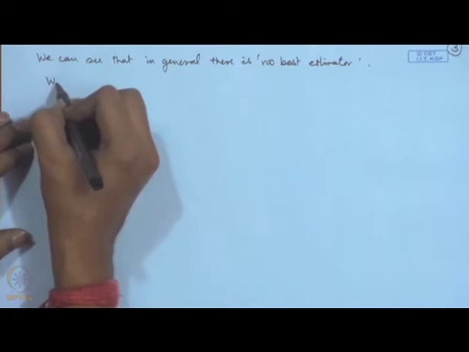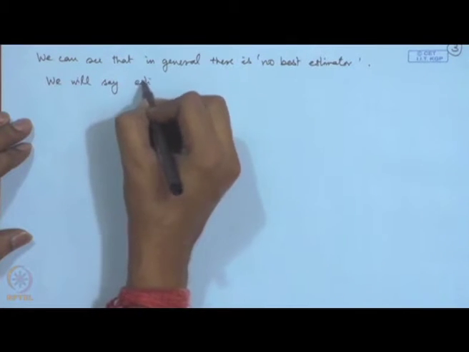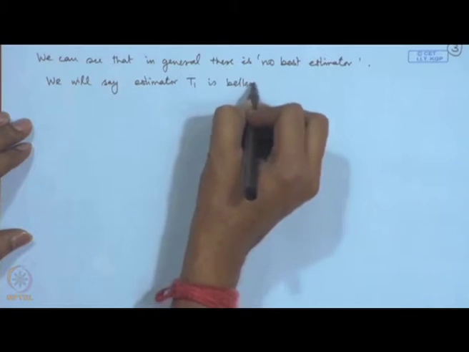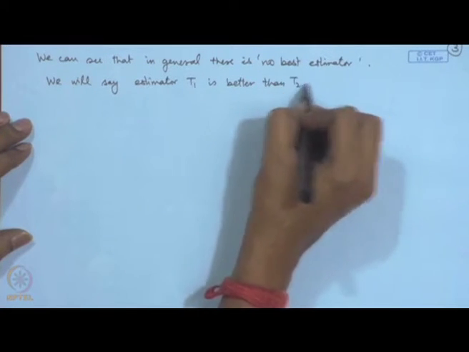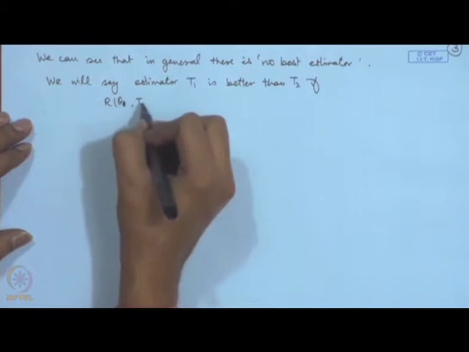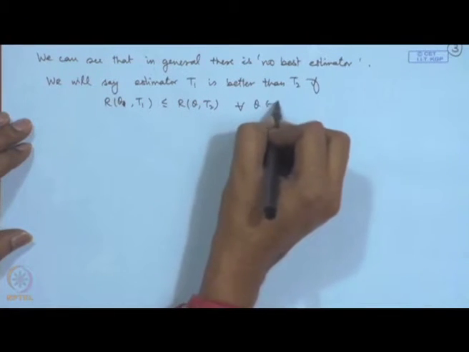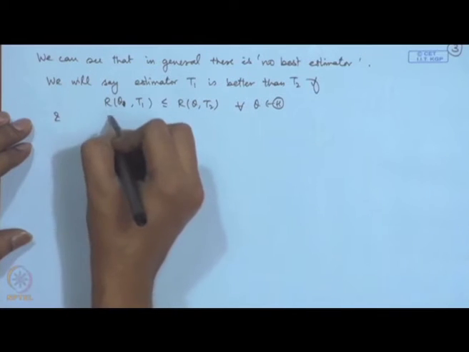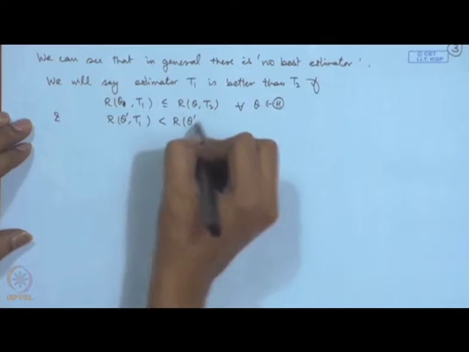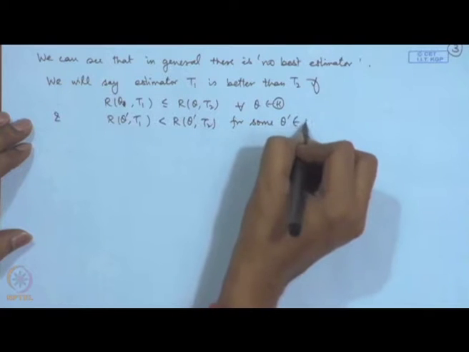Because we will say that estimator T 1 is better than T 2 if R theta, T 1 is less than or equal to R theta, T 2 for all theta, and R theta prime, T 1 is strictly less than R theta prime, T 2 for some theta prime belonging to Theta.